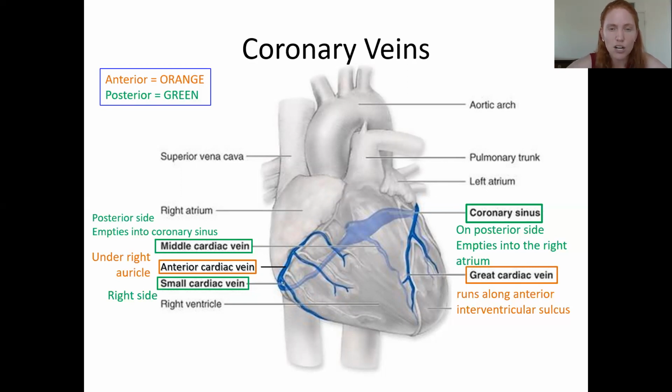Okay, so let's start with the posterior side. The biggest vein draining the heart is the coronary sinus, and it's called a sinus because it's this large area that collects the blood.